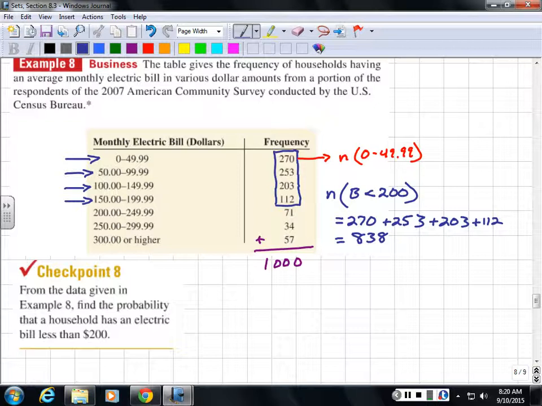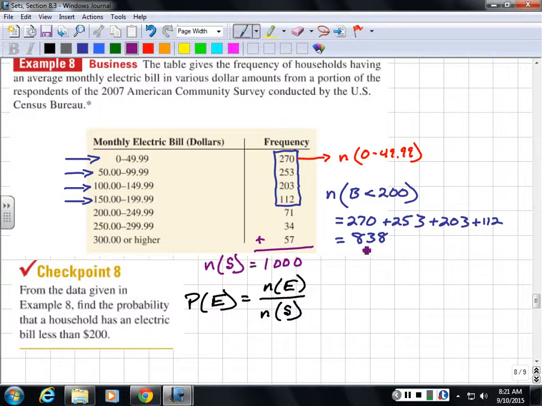Now remember, the probability is given by what? The probability of an event is equal to the number in the event space divided by the number in the sample space. What's my sample space number for this one? It's 1,000, okay? This is the number in the sample space, and this is the number in the event right here. So that means this is going to be equal to 838 over 1,000.